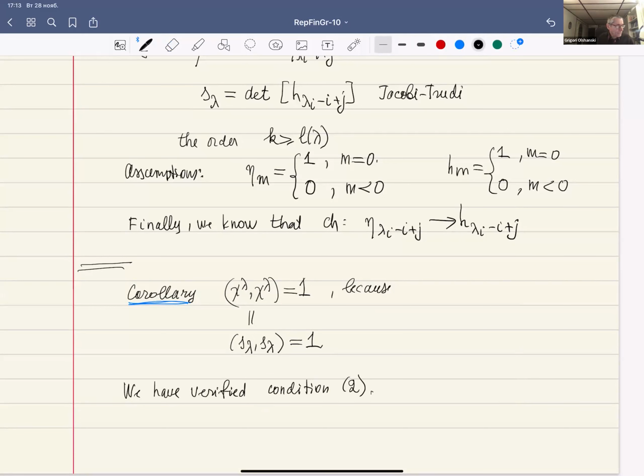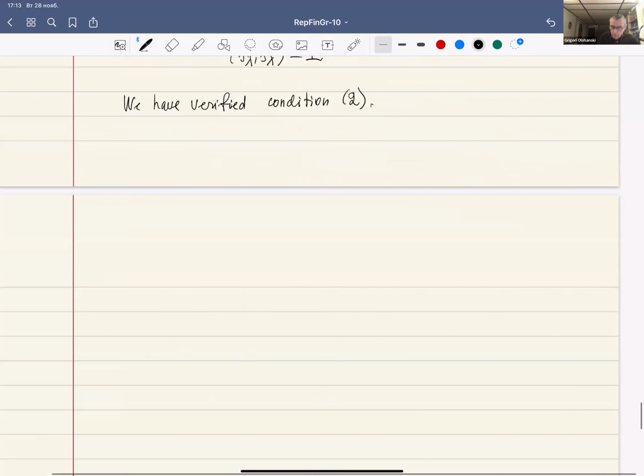Well, what next? Now let's verify condition 3. I recall this condition says that this quantity should be strictly positive. How to prove this? The argument is as follows.